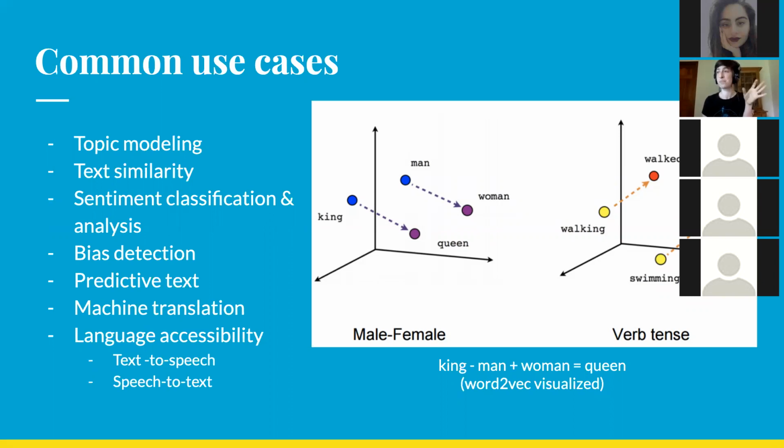facet of NLP. Another really common way of exploring language is looking into text similarity. So this could be something like semantic similarity, where we want to see whether two particular pieces of text have topics in common. It might be something where we are trying to make sure that somebody isn't plagiarizing.